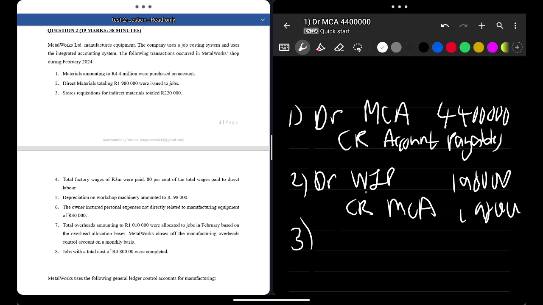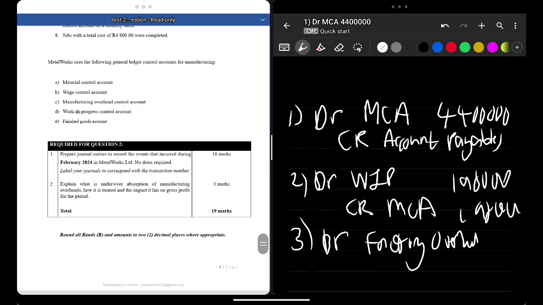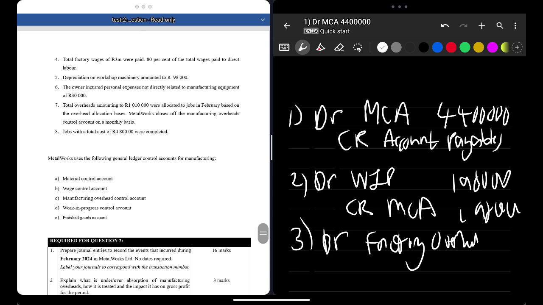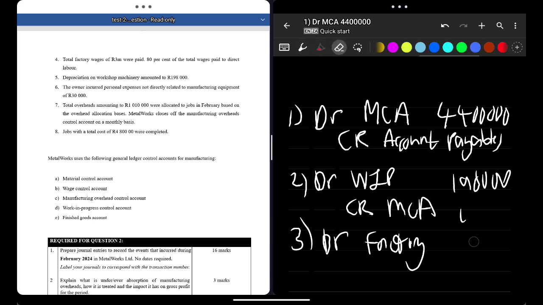So, like how we did over here, but now you'll say debit factory overheads. Debit factory overheads. Or whatever they said over here. Okay, so you actually have to say manufacturing overhead control account, not factory overheads, right? So manufacturing overhead control account. Remember, you have to say what they said over there. Those are the ledgers we're using in this business.